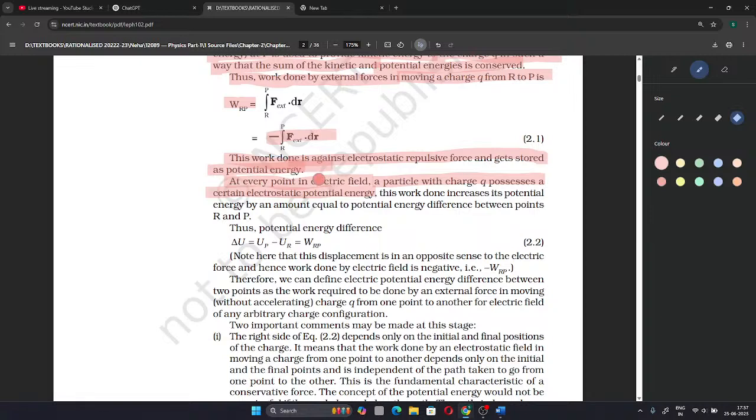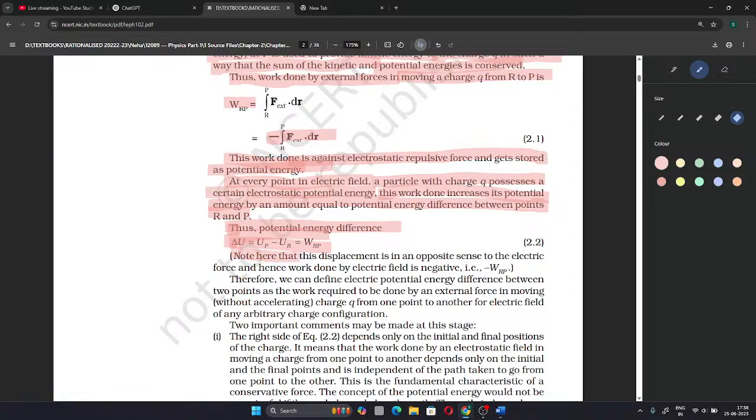At every point in an electric field, a particle with charge q possesses a certain electrostatic potential energy. This work done increases its potential energy by an amount equal to the potential energy difference between points R and P. Thus, the potential energy difference delta U is U at P minus U at R, which is equal to the work done.